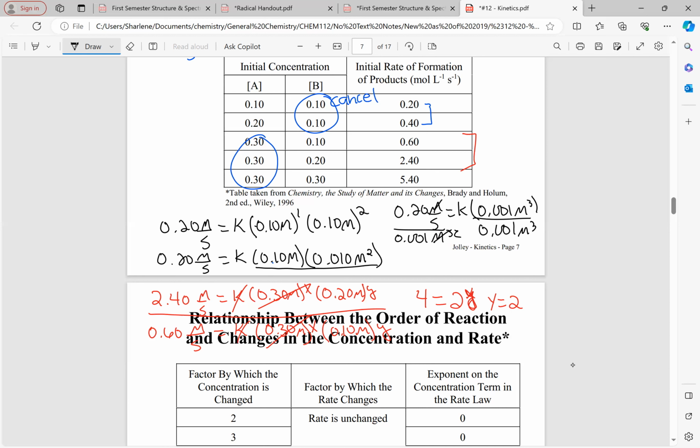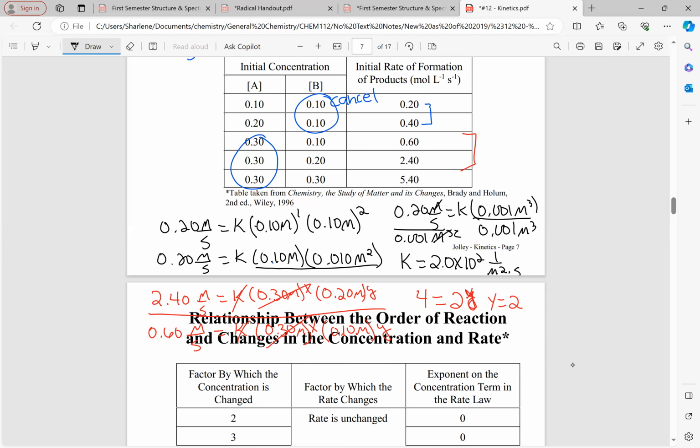So one molarity will cancel out. So my unit is going to be 1 over molarity squared seconds. And for the value, 0.2 divided by 0.001 is equal to 200. So with sig figs, and I was in seconds, my K value is 2.0 times 10 to the second, and its unit is 1 over M squared s.